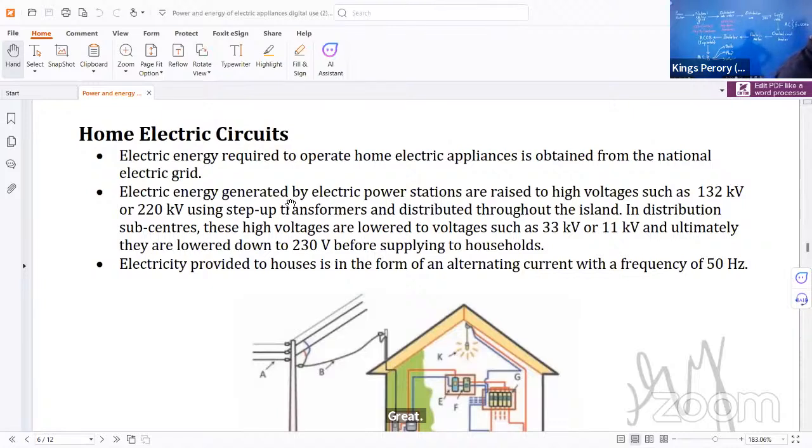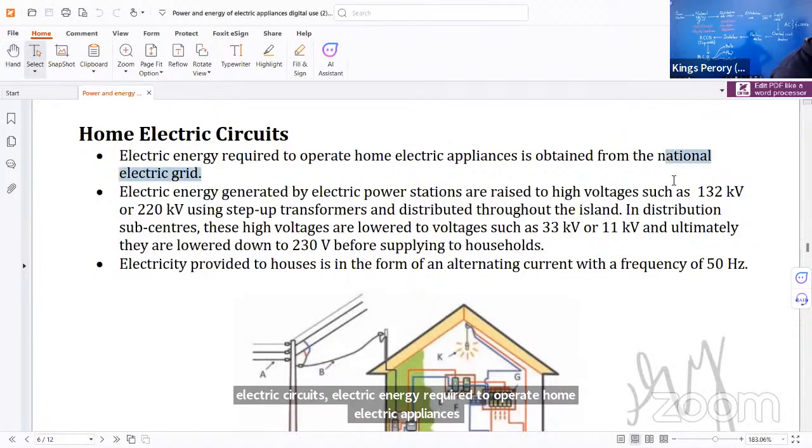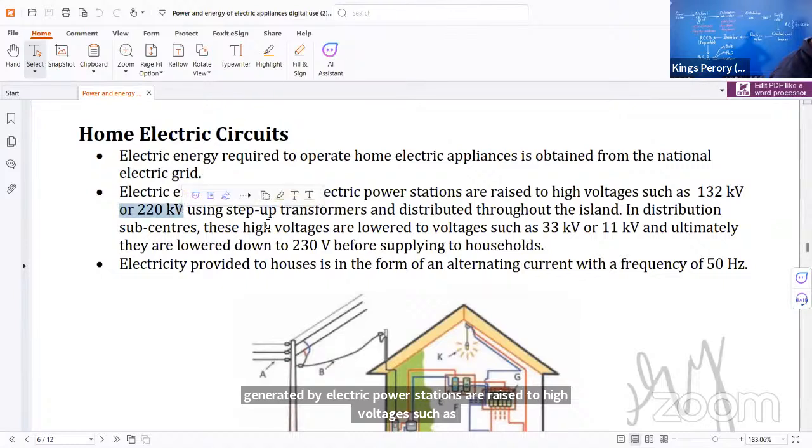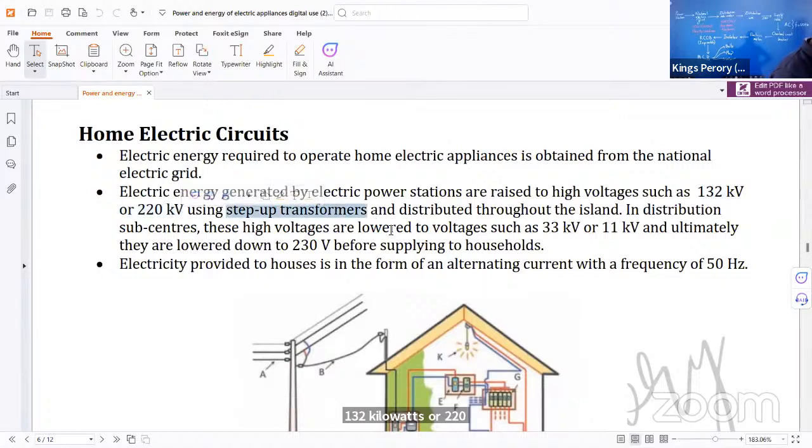Home electric circuits. Electric energy required to operate home electric appliances is obtained from the national electric grid. Electric energy generated by electric power stations is raised to high voltages such as 132 kilovolts or 220 kilovolts using step-up transformers and distributed throughout the island.